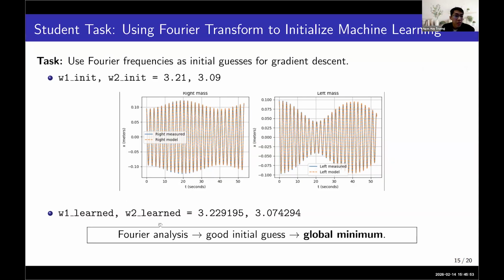This is the optimal parameter learned by the model: 3.22 and 3.07. It's kind of close, so that makes sense. The Fourier analysis gives you good guesses and goes to the global minimum nicely.